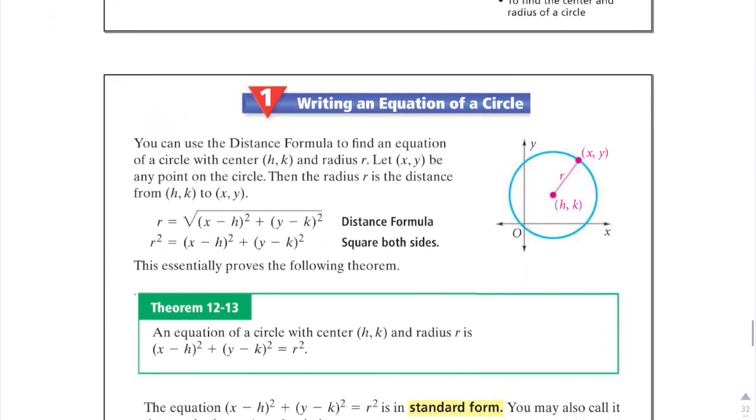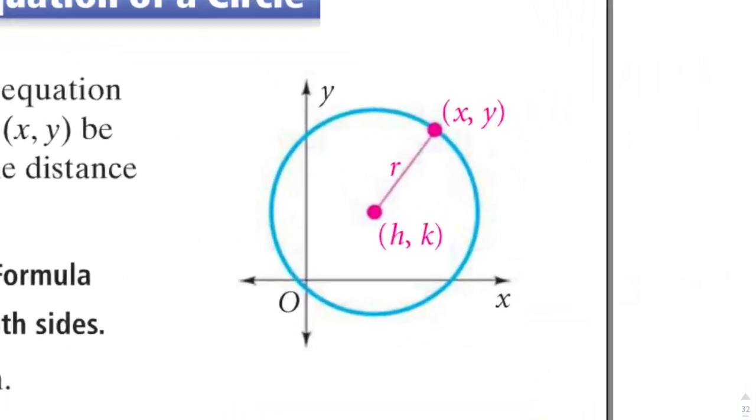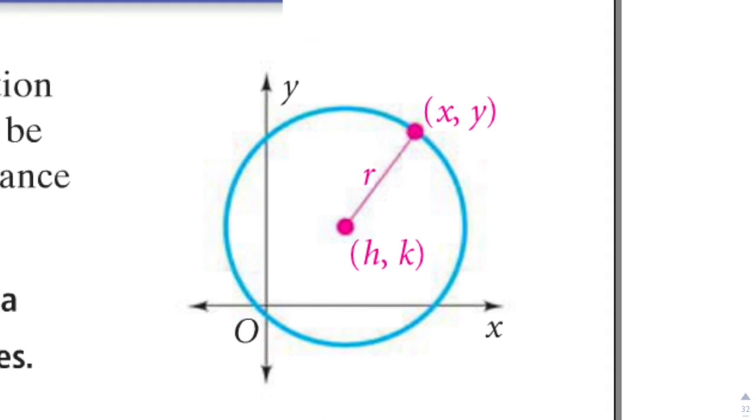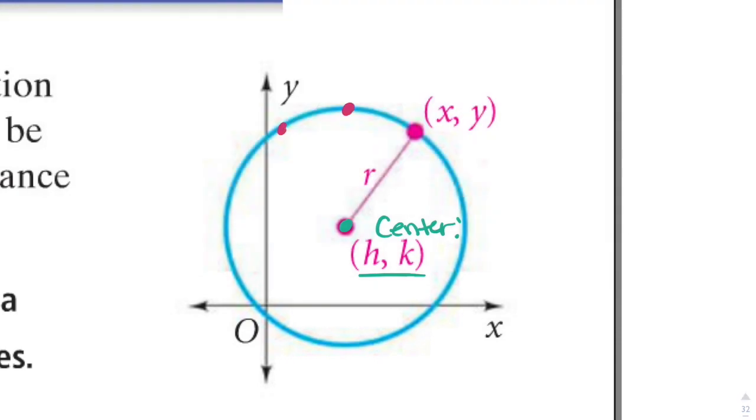So with circles, here is the standard form of a circle. Well, let's talk about it first. The center is represented by h comma k. This is our center. It's represented as a coordinate, h comma k. And the circle, it doesn't matter what point I pick along the circle.